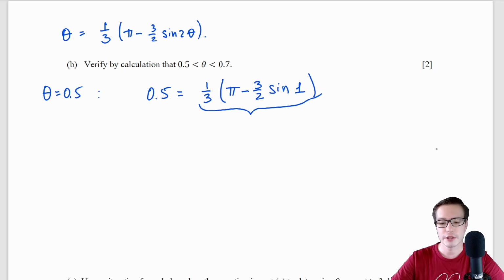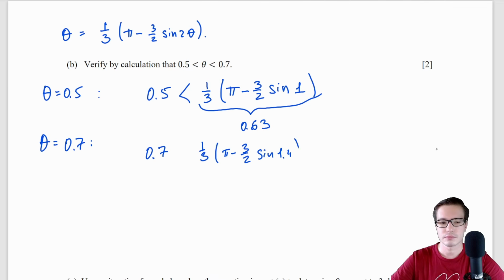Calculate this, and actually that gives us 0.63. So 0.5 is in fact less than 0.63. Substitute 0.7. Calculate and get 0.55. Now this time 0.7 is bigger than 0.55.